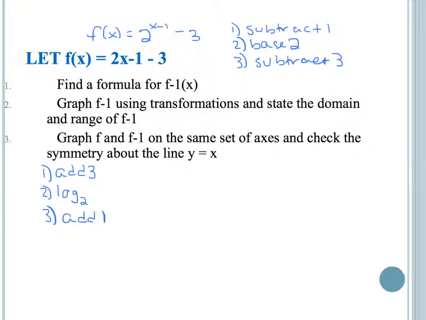So let's see if I can create an inverse that does this. If I have a logarithm in base 2, where I'm going to add 3, and then I want to add 1, I think that very nicely undoes what the first one did.